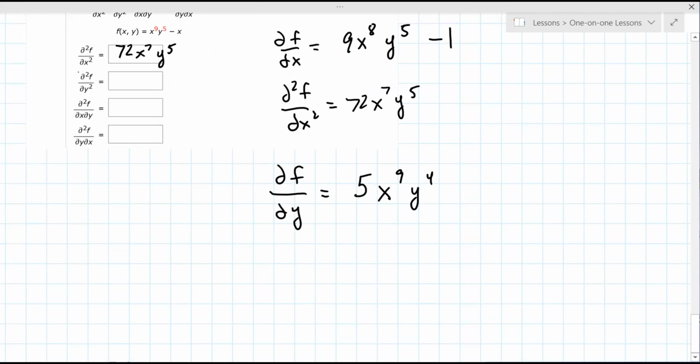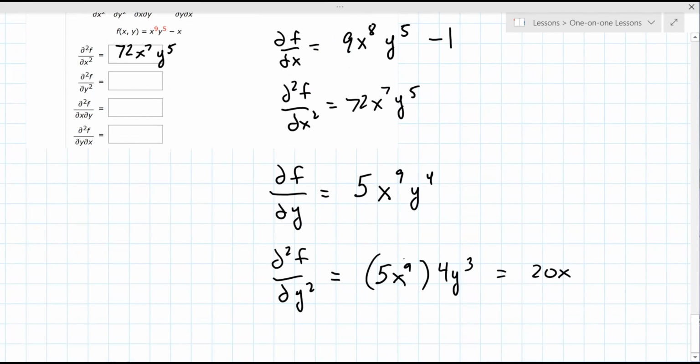But then we have to do it again. We find the second derivative with respect to y: the 5x to the 9th just comes along, and the derivative of y to the 4th is 4y cubed. So that reduces to 20x to the 9th, y cubed.